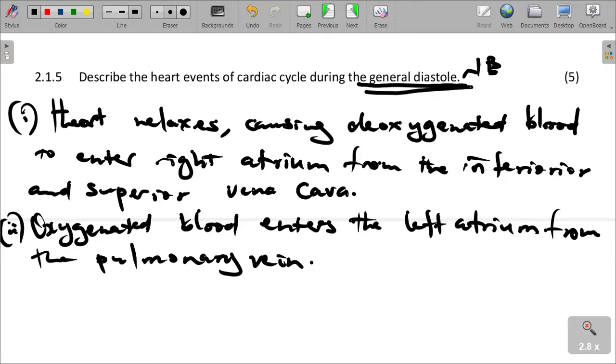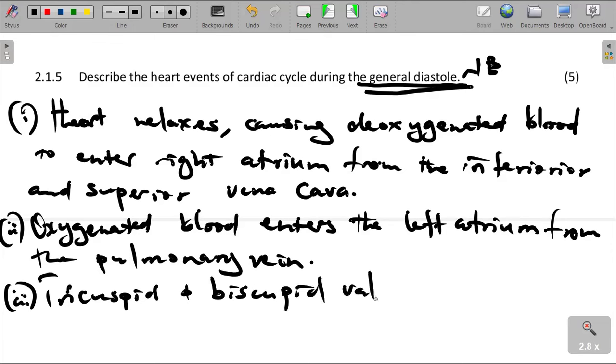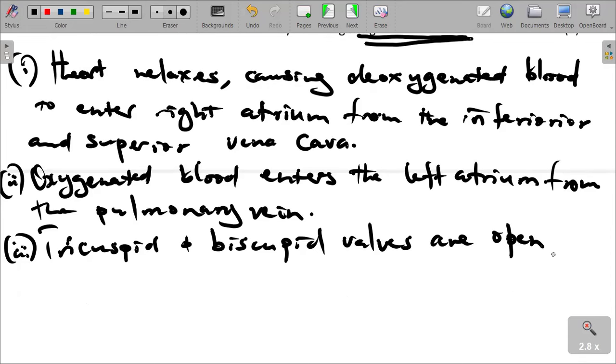So we have got our valves, the tricuspid and the bicuspid. The valves actually are open. The valves must be open so that blood also moves into the ventricles.